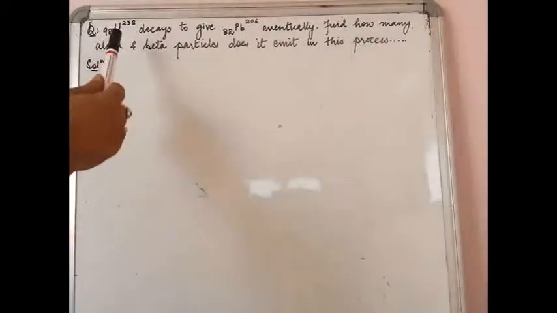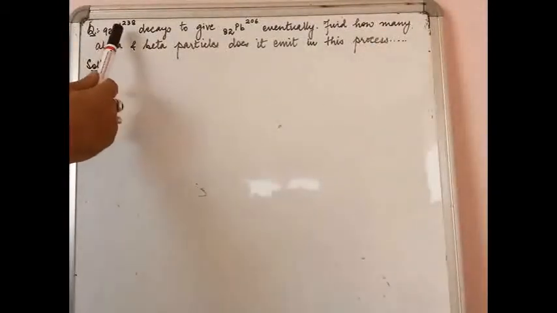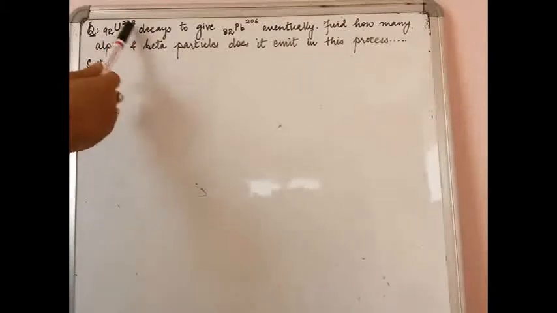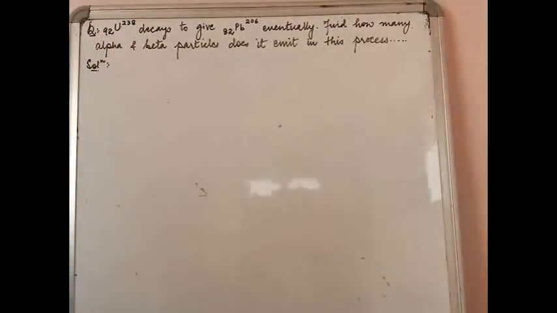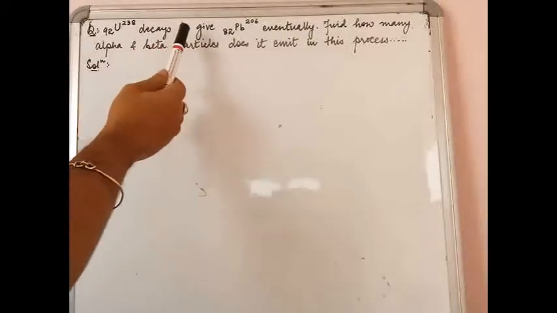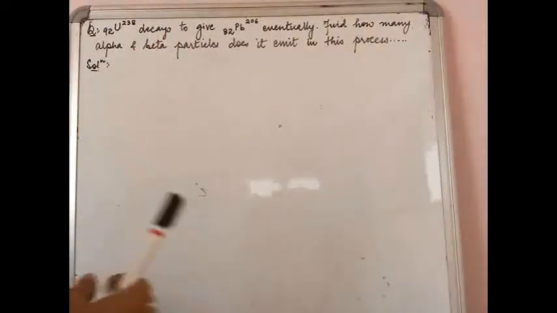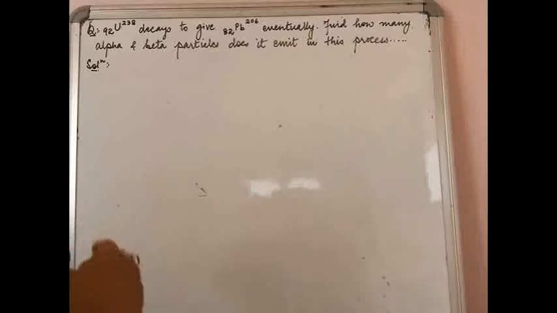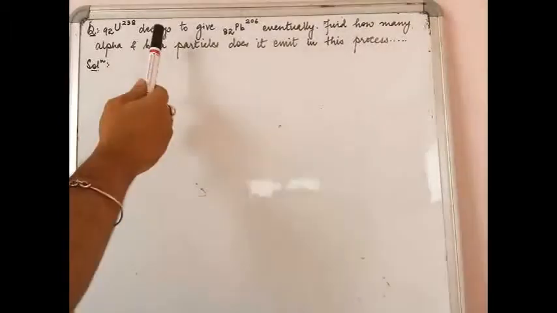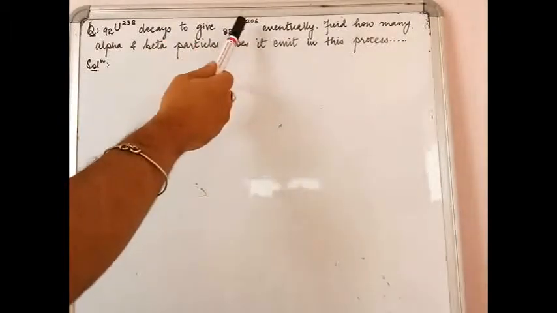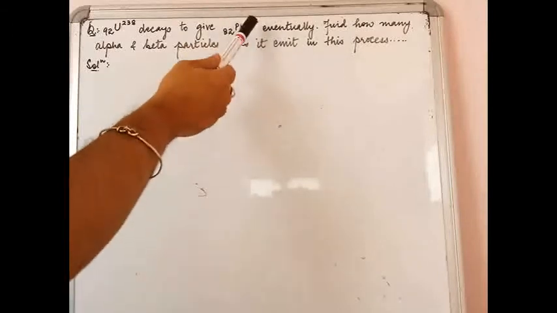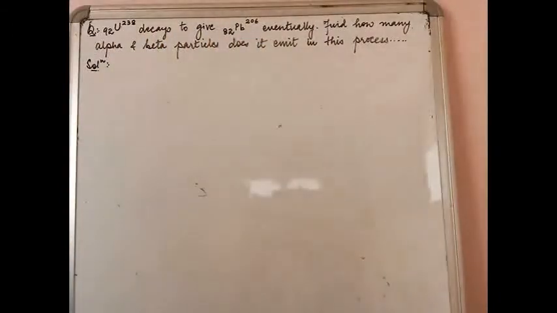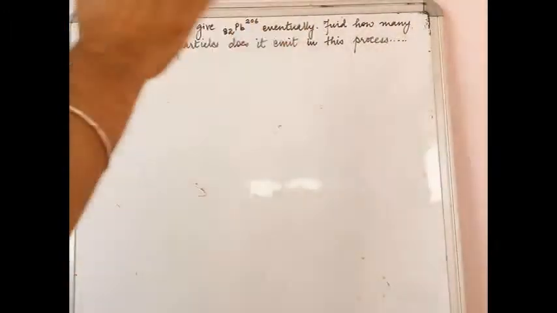92U238. 92 is the atomic number, U means uranium, 238 is the atomic mass or the mass number. Decays means eventually gives out radiation and gets transformed. Okay, decays to give 82Pb206, Pb is lead, eventually. Okay, so eventually means in the end this entire process keeps on taking place.